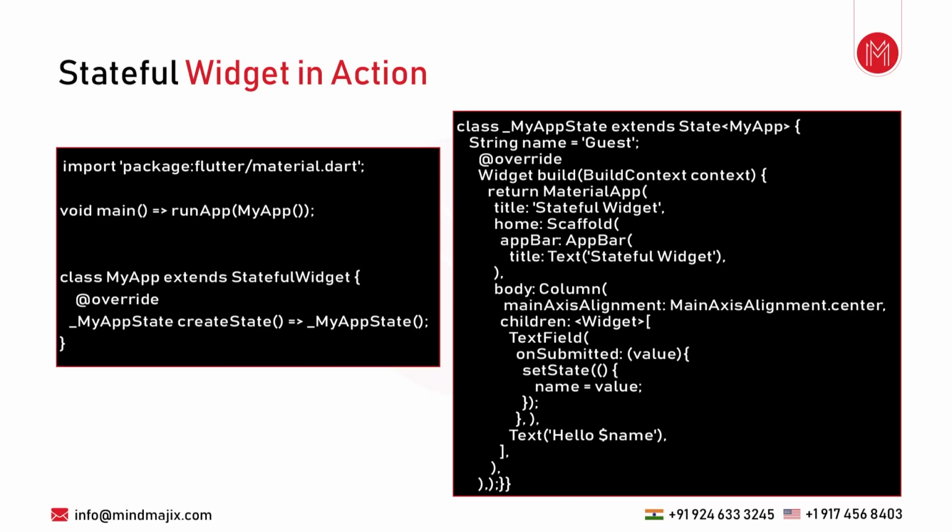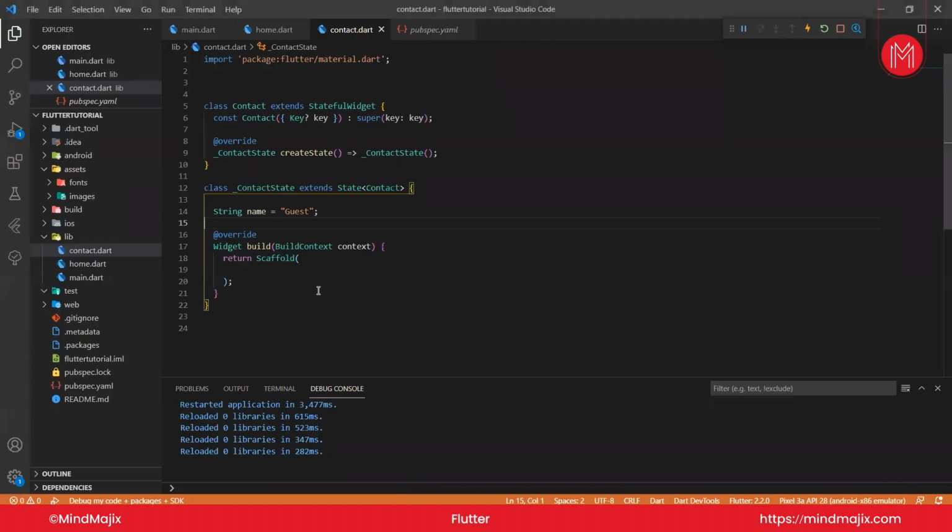Now we have already discussed what a stateful widget is and how to write it. Now it's time we do it practically and understand when and where we have to use the setState method and what is the benefit of using it. Let's do it. We have this page of contact.dart.